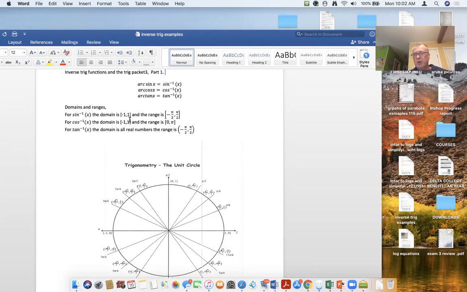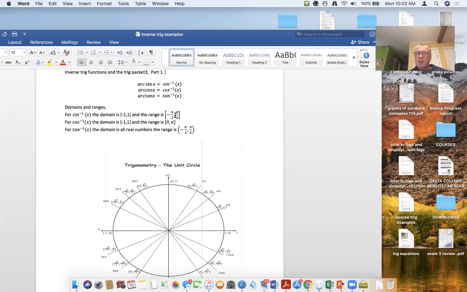The angle could be in degrees if our calculator is set in degree mode, or radians if it's set in radian mode. The range for the inverse sine to make it 1-to-1 is minus pi over 2 to pi over 2, including pi over 2 and minus pi over 2. The range for inverse cosine is 0 to pi, including 0 and pi.